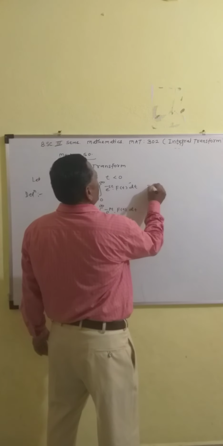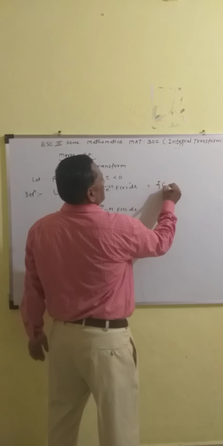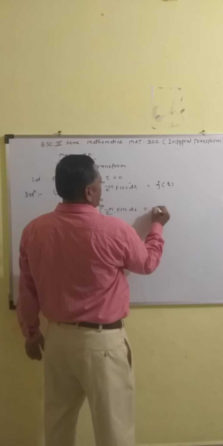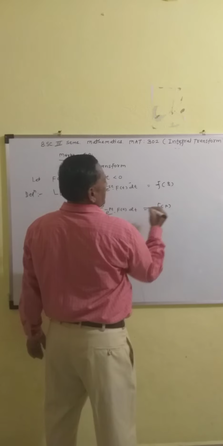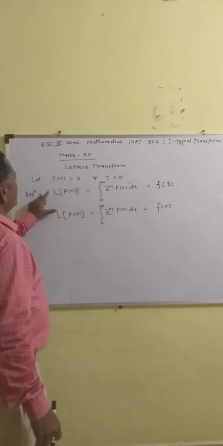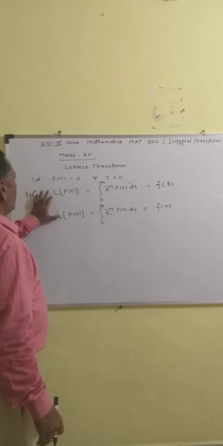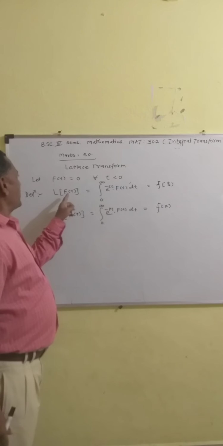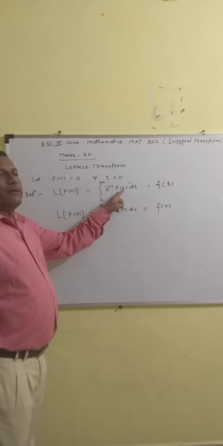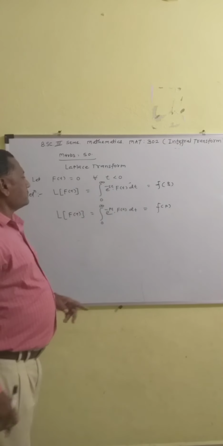So this can be denoted as f of s, because s is the parameter, and this is f of p. Here p is the parameter. So this is the definition of Laplace transform. The Laplace transform of f of t exists if this integral is convergent for all values of t.